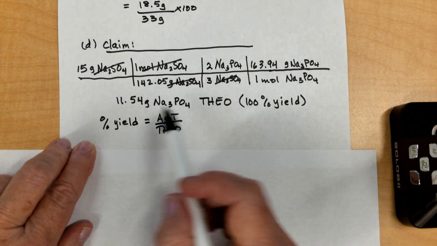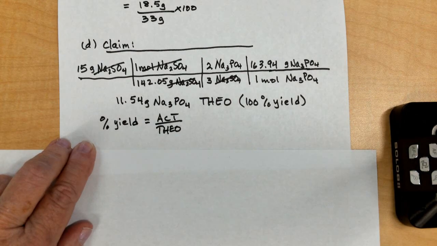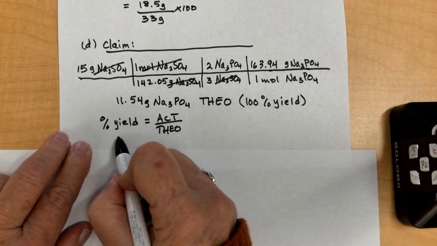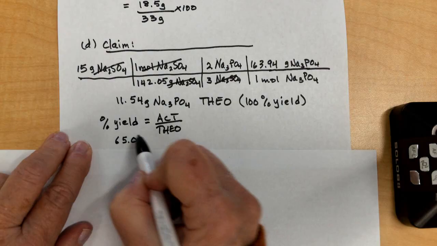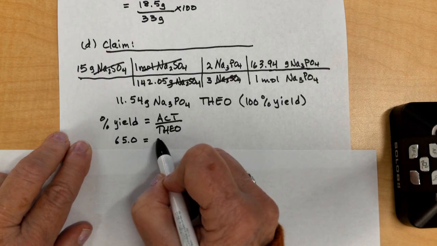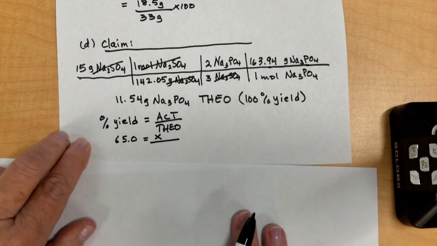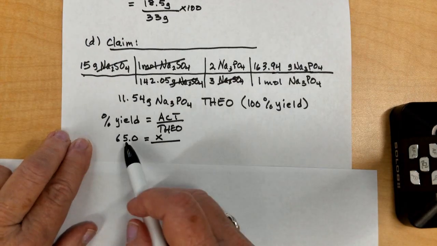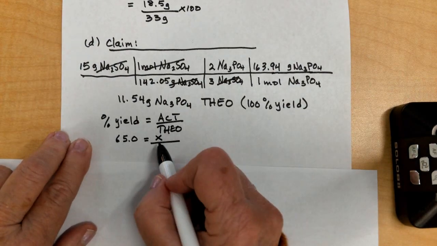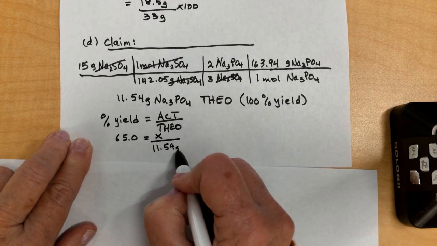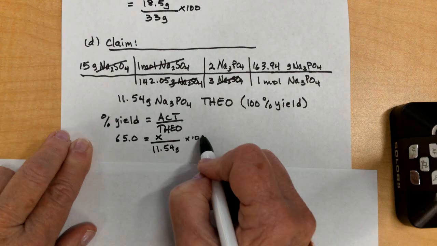If it's 100%, I get this. So I want to know what is my percent yield. They told me it was 65.0, and that has to equal what I'm looking for. So I'm looking for the actual yield that I would get if it wasn't 100%, if it's 65, and that's over my theoretical, which is 11.54 grams times 100.